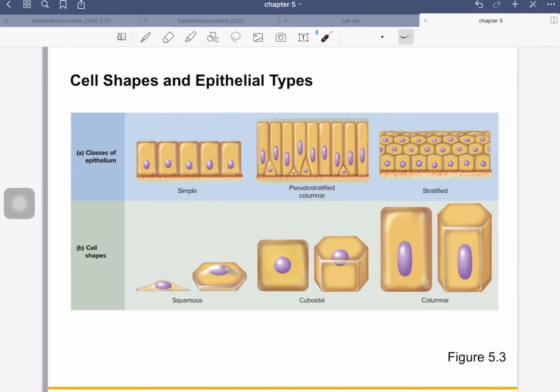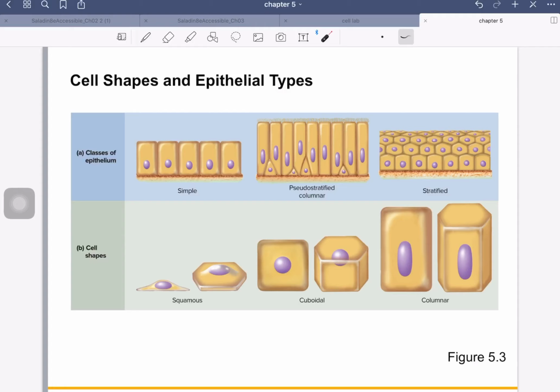Now, how do we describe the shapes? If the apical cells are flattened, we call them squamous. If they're cube-like, we call them cuboidal. If they're shaped like a column, we call them columnar. So we have simple or stratified or pseudo-stratified as the layer names.